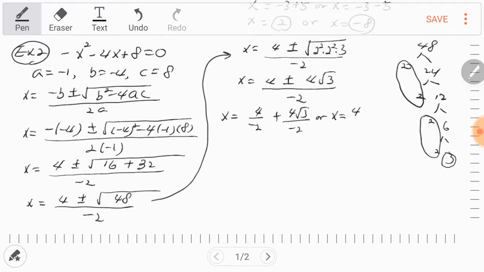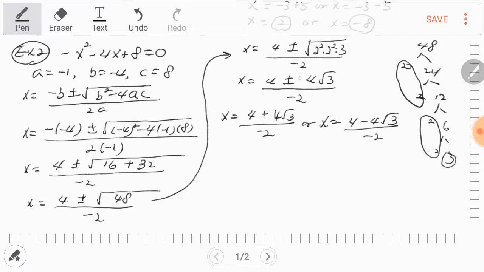If you are not sure about this one, let me write one more step. So x equals, this is plus or minus, so we can write plus 4 square root of 3 over negative 2, or x equals 4 minus 4 square root of 3 over negative 2.